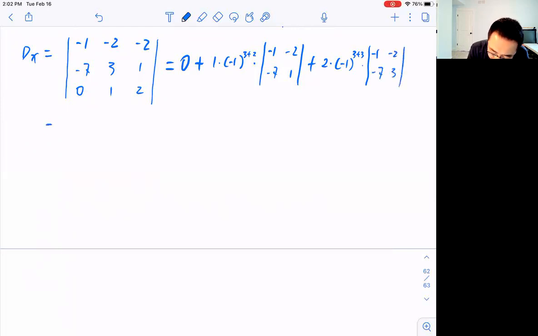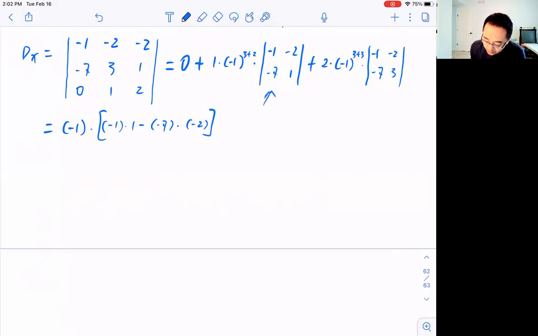So that equals, 0 is gone, we don't have to worry about it. And then -1 raised to the 5th power right here is -1. So you have -1 times negative 1 times 1 minus negative 7 times negative 2. So that's the determinant of this 2 by 2 matrix, plus, here negative 1 raised to the 6th power is positive 1.